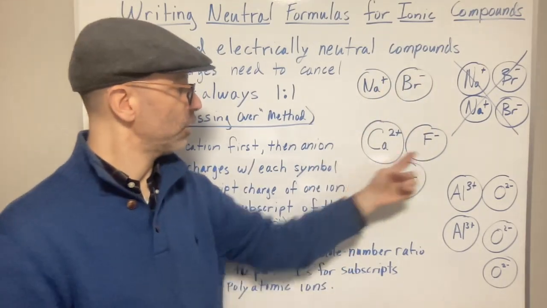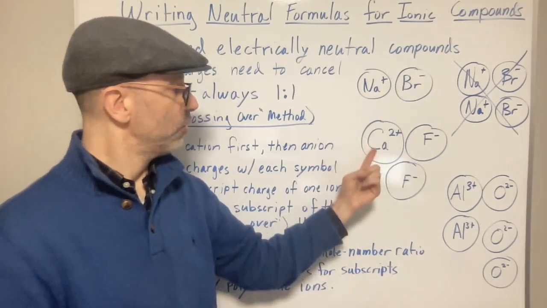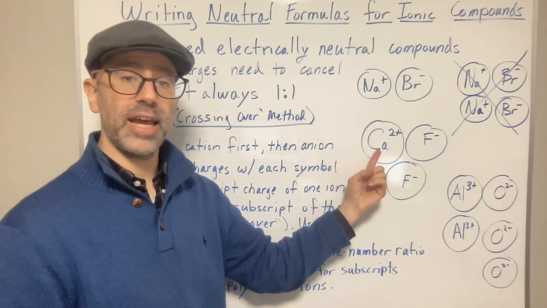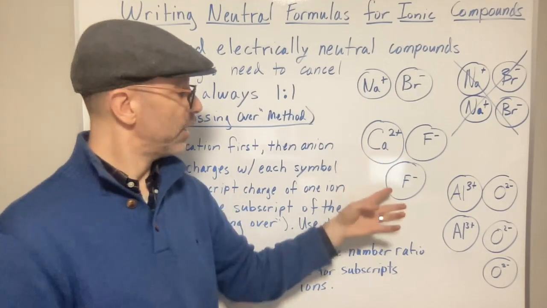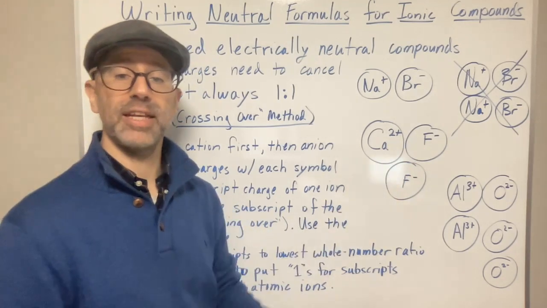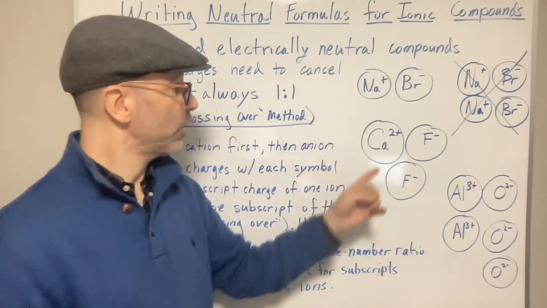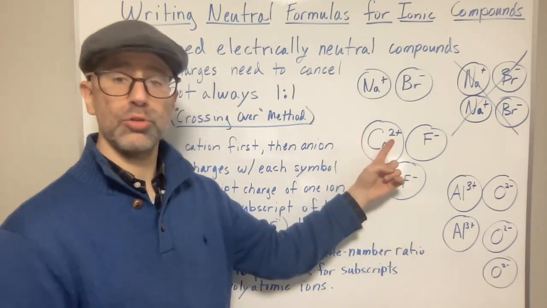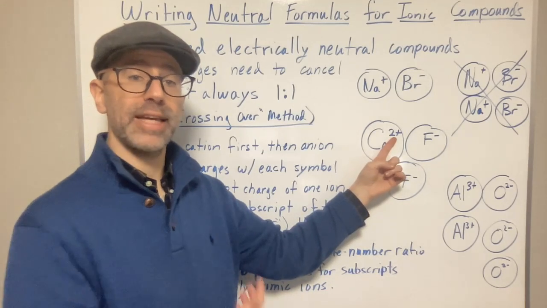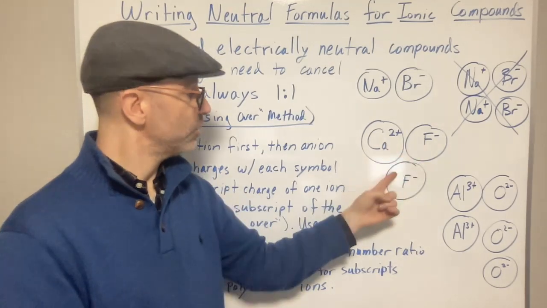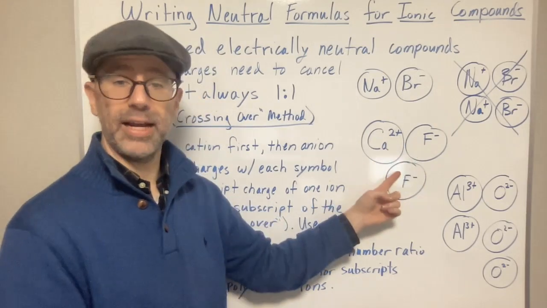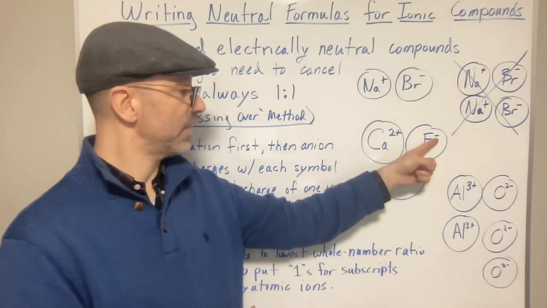Here you have calcium and fluoride ions. You'll see that the calcium has a +2 charge, but the fluoride ions have a negative 1 charge. So in order to balance the total 2 positive charge for the calcium, you're going to need 2 of the fluoride ions because each fluoride ion has a negative 1.